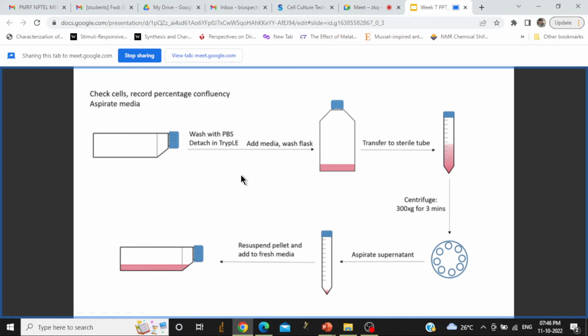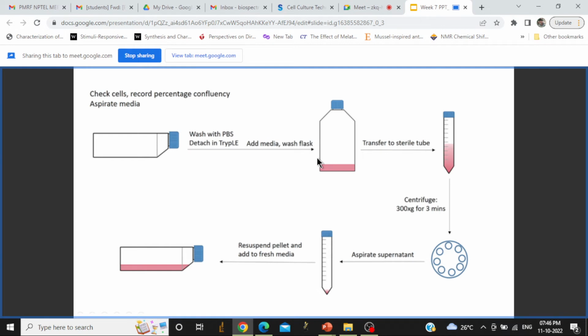Trypsin is a proteolytic enzyme, which digests proteins. First it will digest the ECM, but if you keep the cells for more time in trypsin, it can also damage the cell membrane. So you have to dilute it after some time.